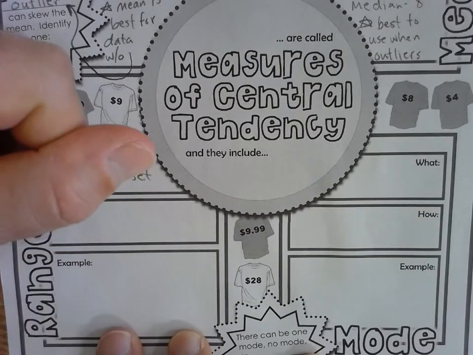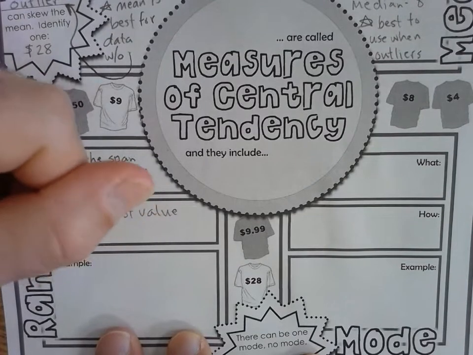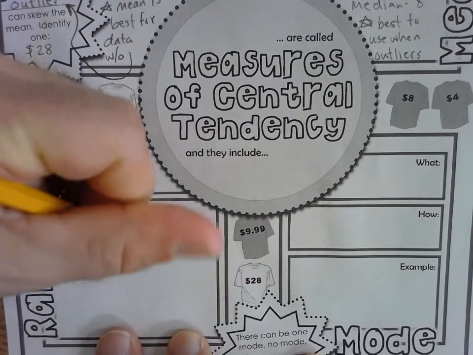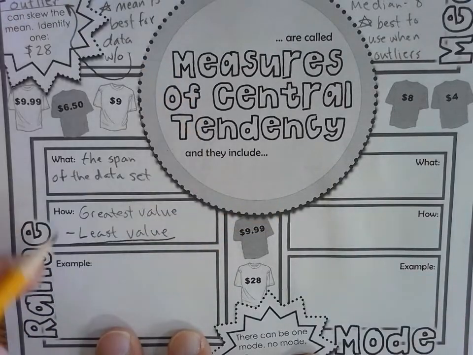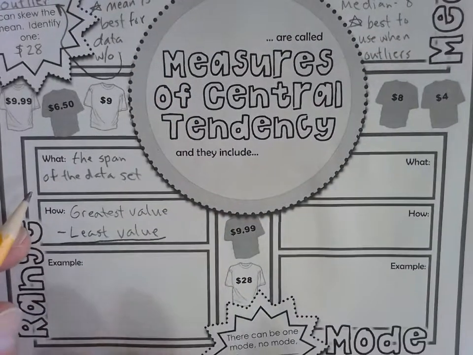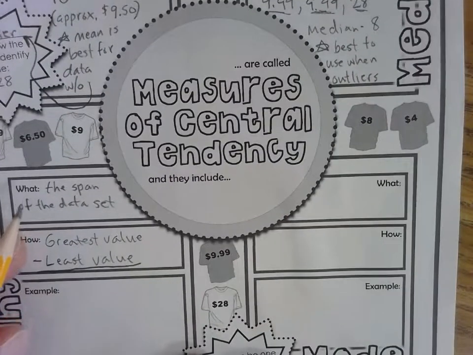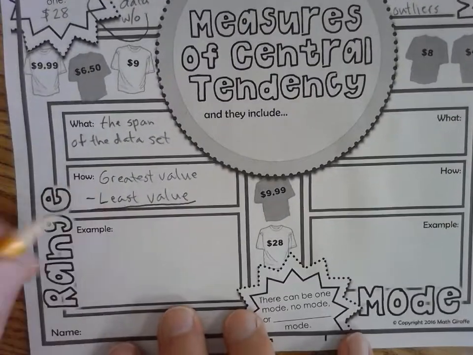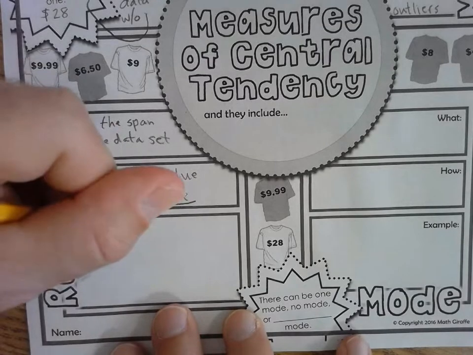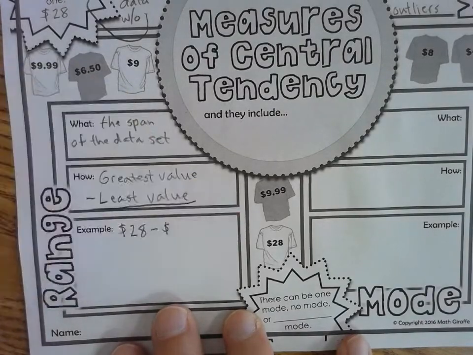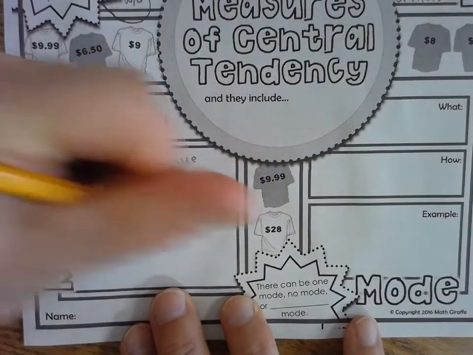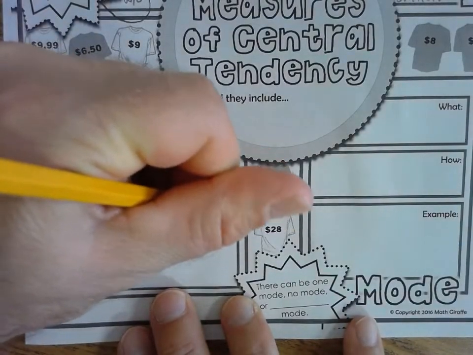You're going to do the greatest minus the least value. So subtraction, remember you're going to subtract. That's how you're going to find that. Okay? So an example would be our greatest value in our t-shirts was $28 and our least expensive shirt was $4. So our range is $24.